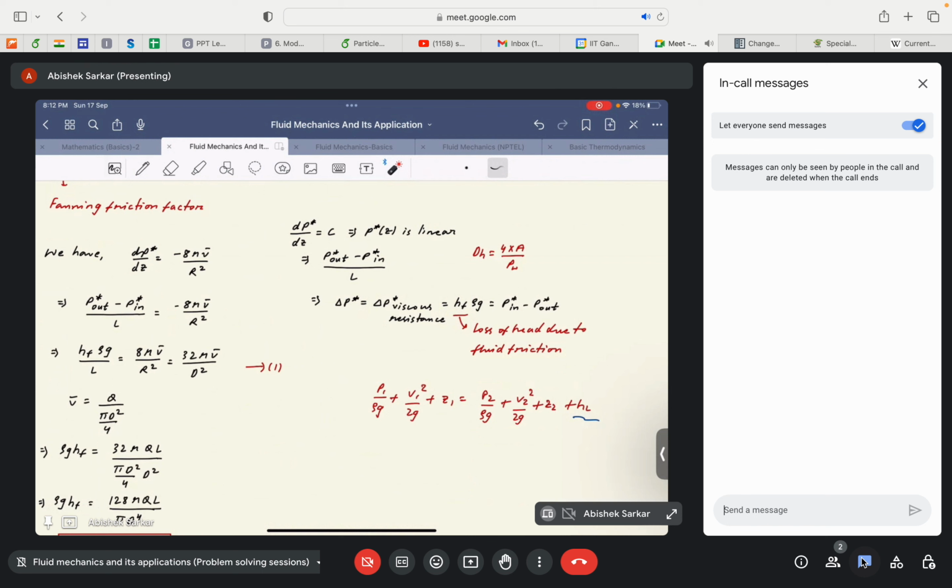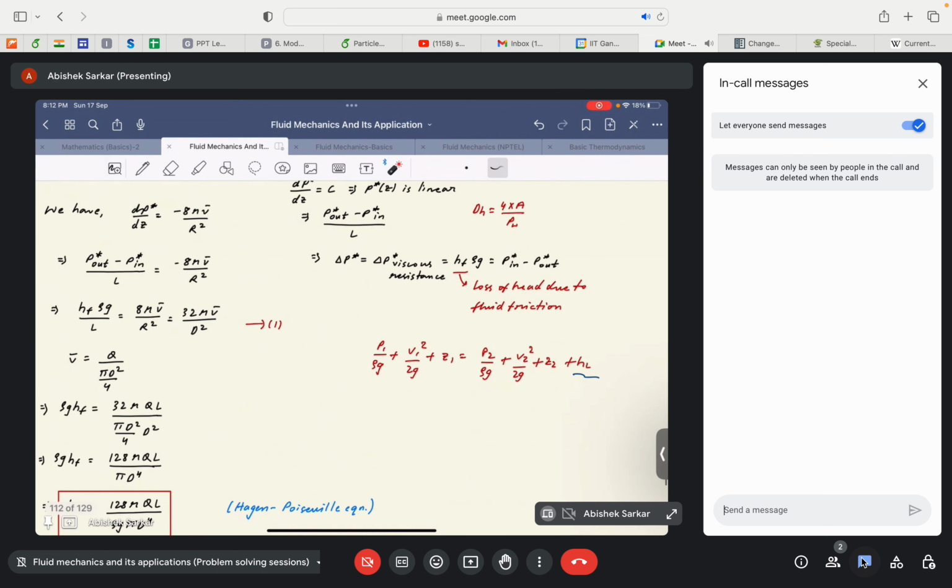So clearly this equation is represented in terms of head per unit mass, right? If we multiply all these terms with rho g, all these terms would be in terms of pressure.